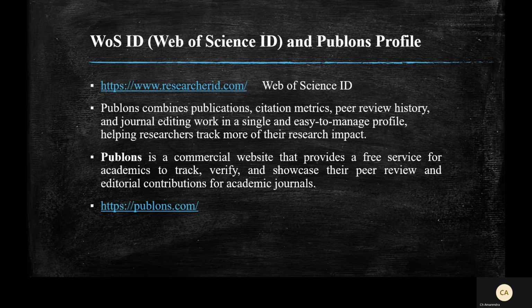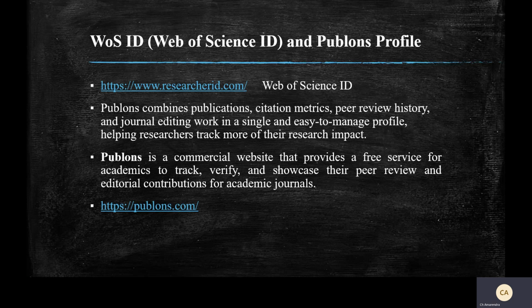You need to receive the articles and identify the peer reviewer who has good expertise in that particular area, and you assign that work to that reviewer and get the comments from that reviewer. That is also research work, and it is located in one place, that is the Publons.